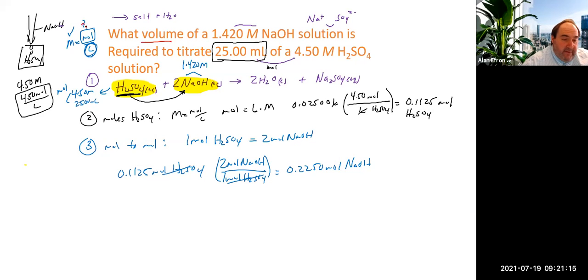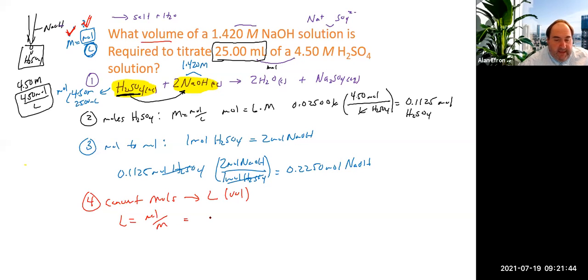So now that we have the moles of sodium hydroxide and we have the molarity of it, we can convert our moles into liters, basically our volume. Using the molarity equation, we see again that liters is equal to moles divided by molarity.